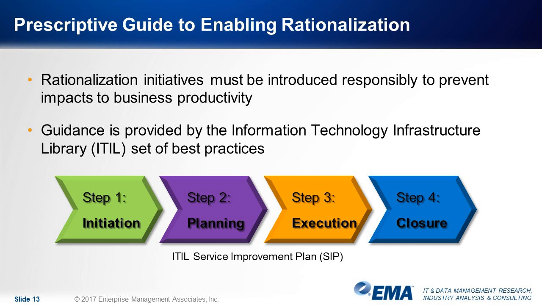Execution is the period during which the plan is carried out, and closure is where formal acceptance is achieved, validating the justification and support for the project. All 4 of these steps are essential for ensuring a smooth transition for process and environment improvements, and it may be necessary for more than one service improvement plan to be performed to completely facilitate a rationalization project. So to be clearer, I'll dive in a little bit deeper by providing an overview of rationalization transition tasks that should be performed for each step.